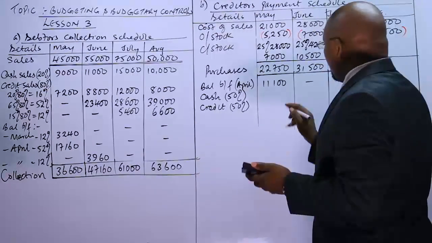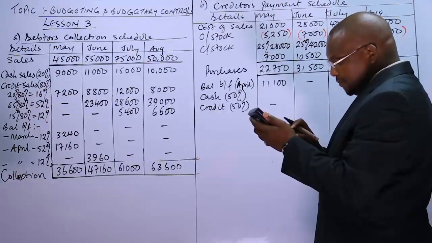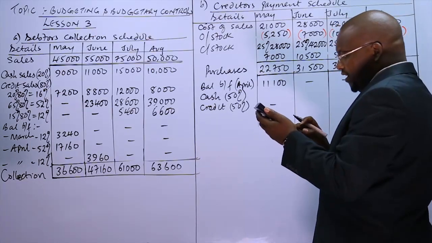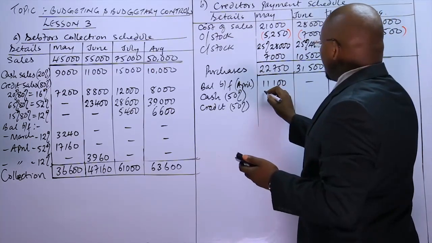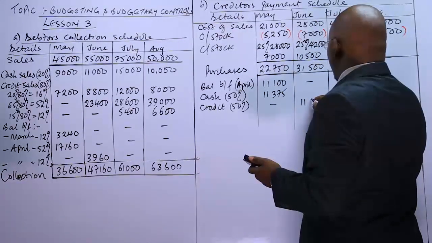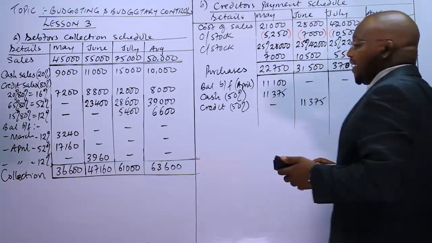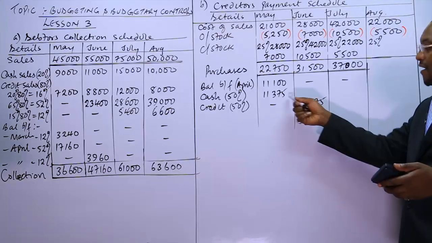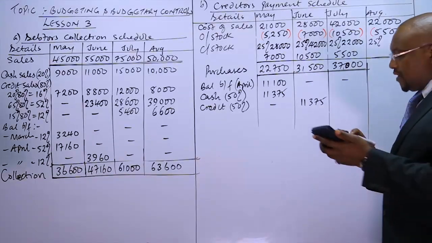So I have 0.5 of 22,750. These will be received in the same month. This is 11,375, and the other balance to be received here, 11,375. You see, concurrently, I record in the cash and the credit, which is half of this 22,750.